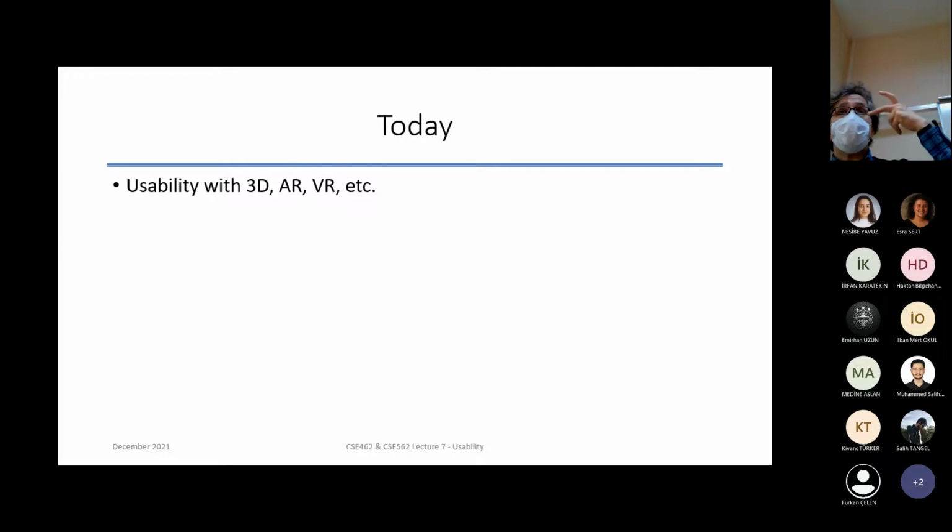First, perception-wise, what you can show to the user, and interaction-wise, you can interact with the screen, but you can also interact with the 3D world as well. And that becomes a part of an interaction mechanism. But it's not an easy thing. And I saw that half of the class didn't even understand that second part of the interaction. Most of your homeworks didn't have interaction with the objects in 3D.